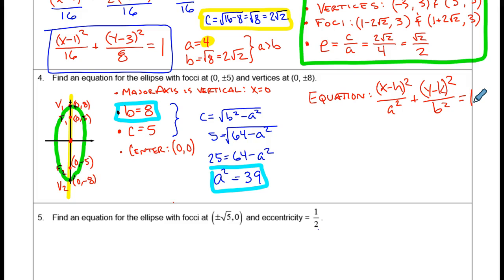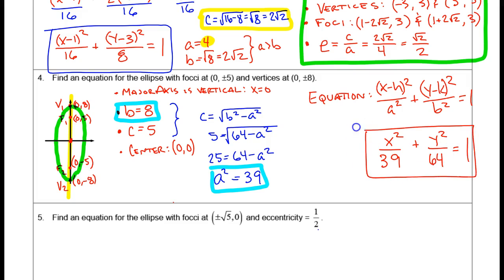Let's fill in what we know. H and k are both 0. So my numerators are just going to be x squared and y squared. A squared is 39. And let's see, b is 8, so b squared is 64. That's it, folks. That's the equation of the ellipse that has vertices at 0, plus or minus 8, and foci at 0, plus or minus 5.